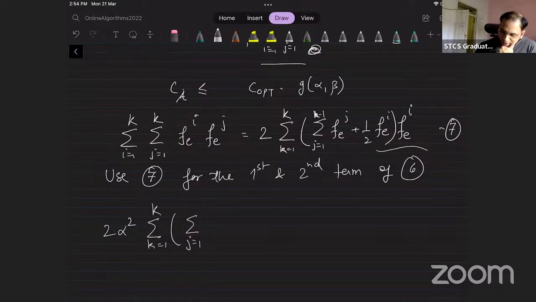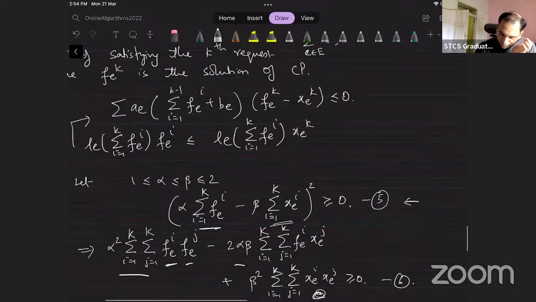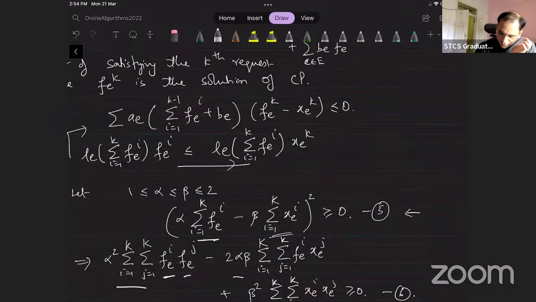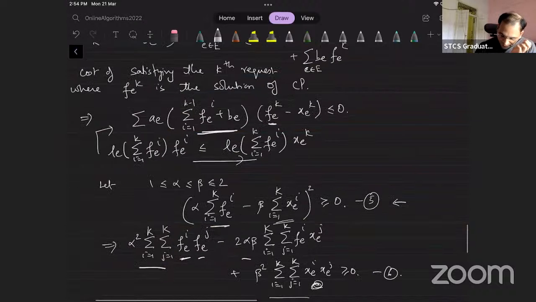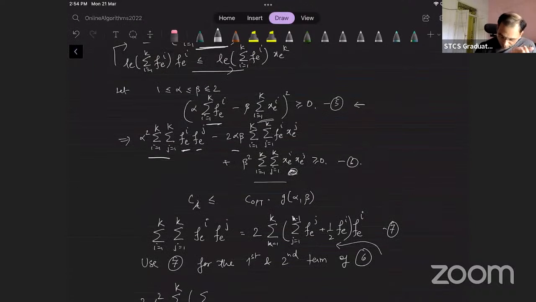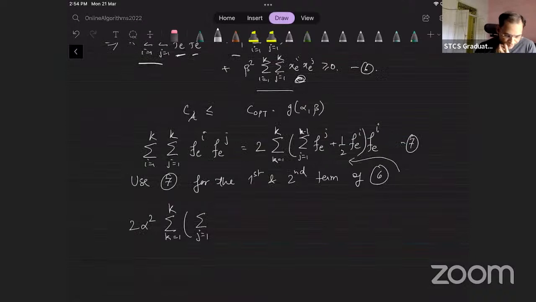See, look at something, you should keep observing what is happening. This is also in terms of my optimality condition. I just wrote this optimality condition in different language here. This was my optimality condition to begin with. This was written in terms of the summation of f_e's plus b_i's, multiplied with f_e's. So something like this is appearing here. It's not identical, but that's what we are headed towards. We eventually want to use the optimality condition. This is just rewriting.